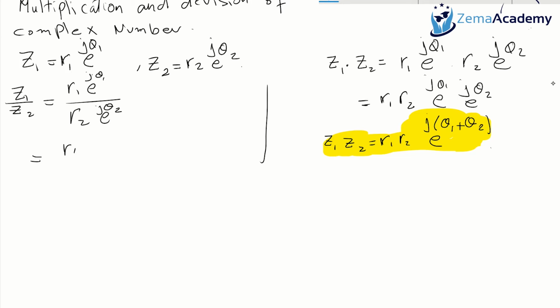So r1 over r2 times e to the power, now we have e^(jθ1) and e^(jθ2), so we subtract the powers because we're dividing e^(jθ1) over e^(jθ2). Therefore we need to subtract the powers. So j(θ1 minus θ2), and that's finally how to divide z1 over z2.